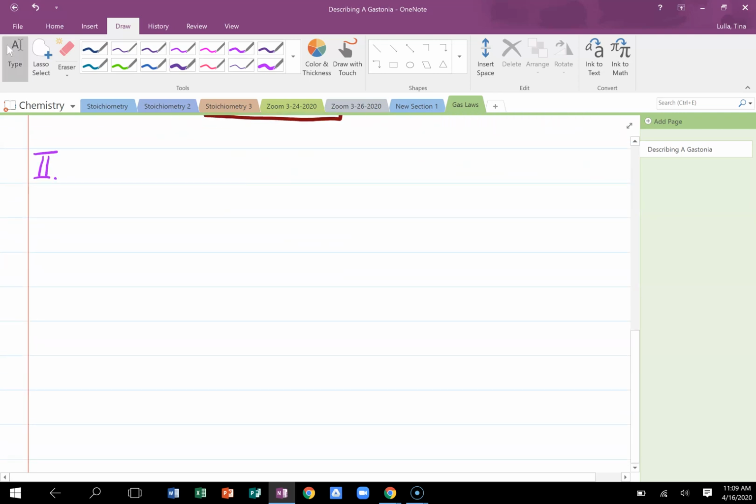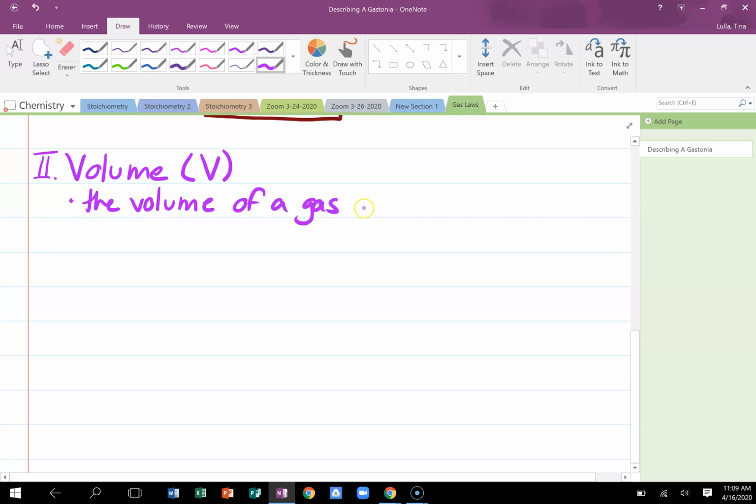is we describe its volume, which we represent with the capital V. Lowercase v stands for velocity in science, so we don't want to use a lowercase v. It's important to remember that the volume of a gas is the volume of its container.